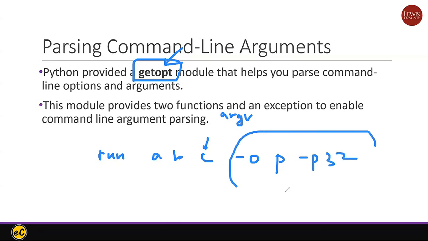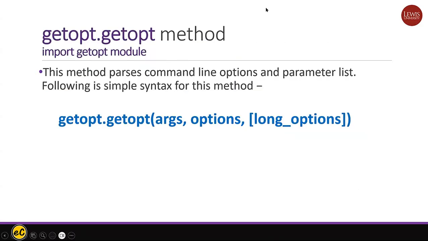These are called argument options. So Python also provides getopt that you can use. Okay, C++ also has that. So you need to import the getopt module, and then there's a function called getopt. And then you have the option, argument option.